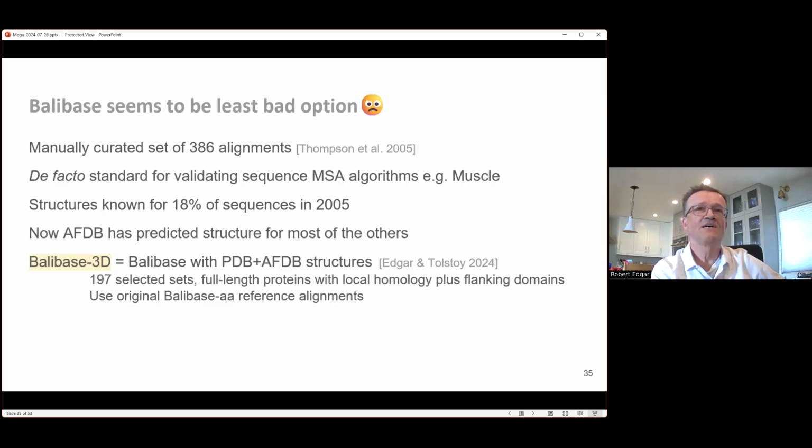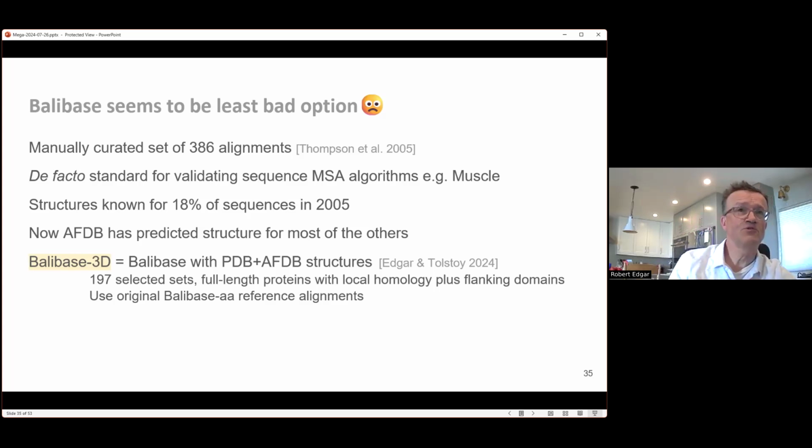The least bad option that I was able to come up with is to use this benchmark data set called BAliBASE. This goes back to the late 90s, but the latest version was released in 2005. It's long been the de facto standard for validating sequence alignment algorithms like MUSCLE. And at the time it was built, the structures were known for about 18% of the sequences.